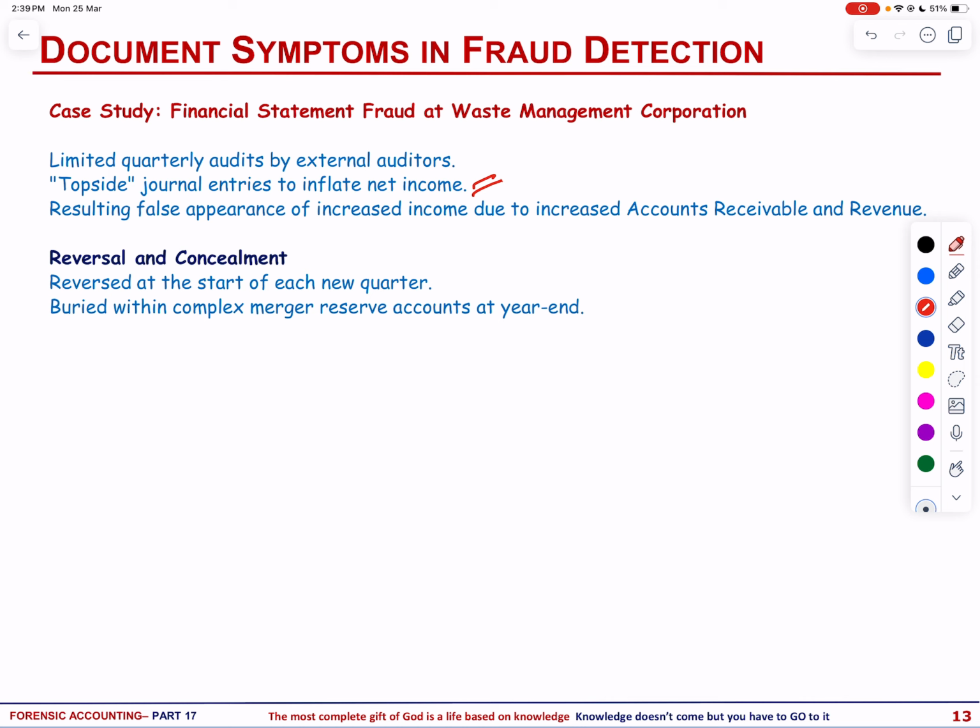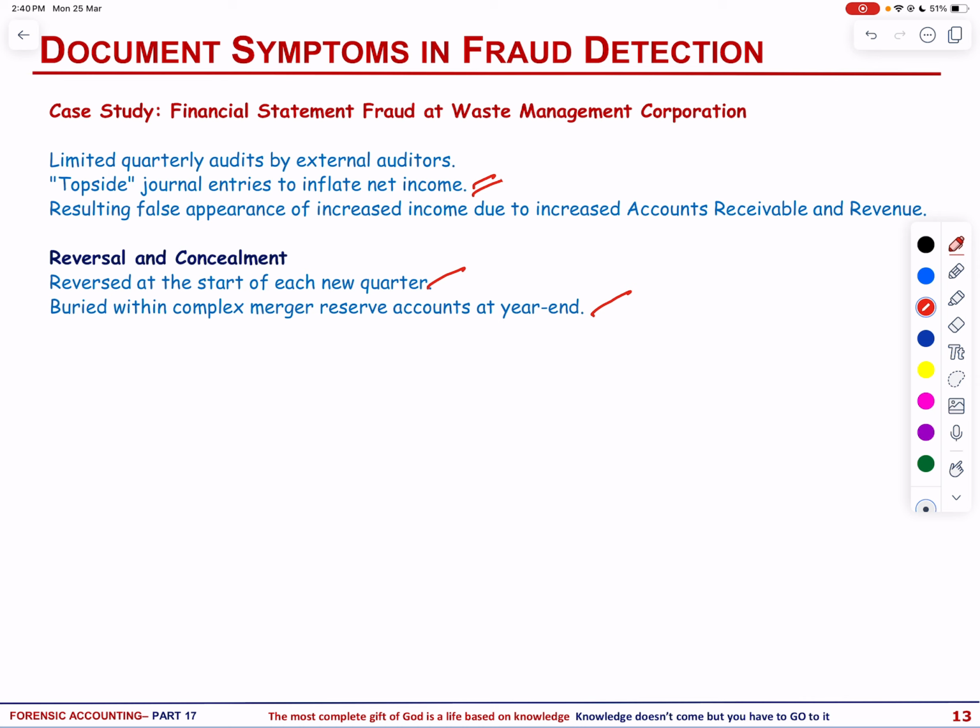These entries grew larger each quarter but were reversed at the start of the next quarter. At the end of the year, the fraudulent entries were hidden within complex merger reserve accounts. This type of fraud, involving unsupported top-side entries, was widespread among several companies in the 1990s.